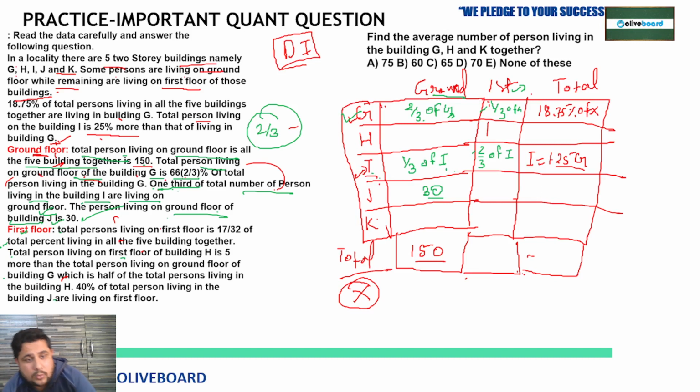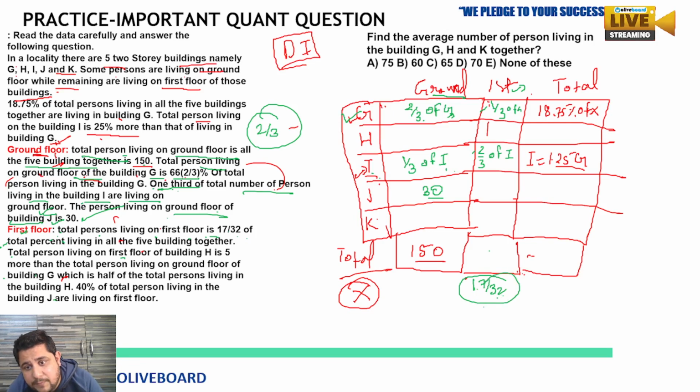Now they are talking about the first floor. The total persons living on the first floor is 17 by 32. This is what is given to us.